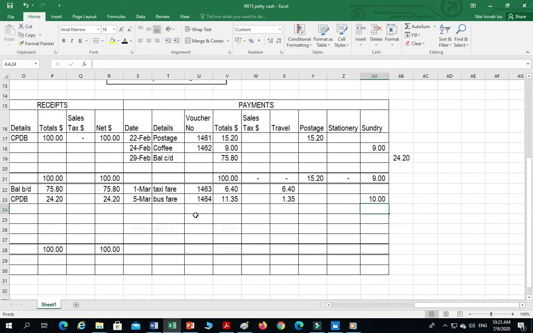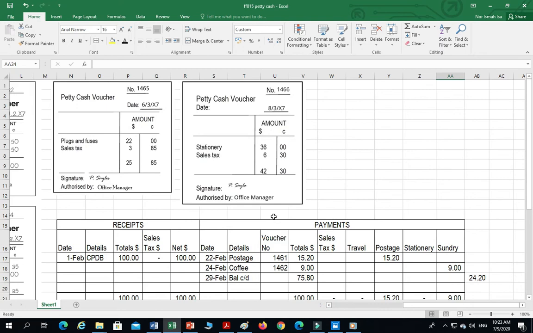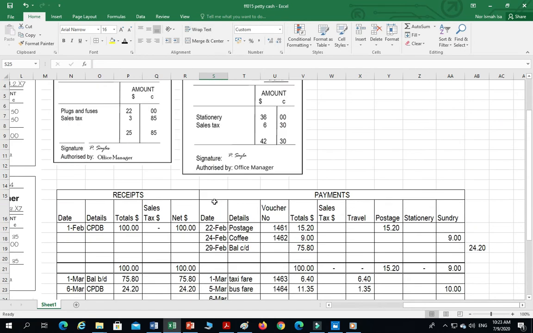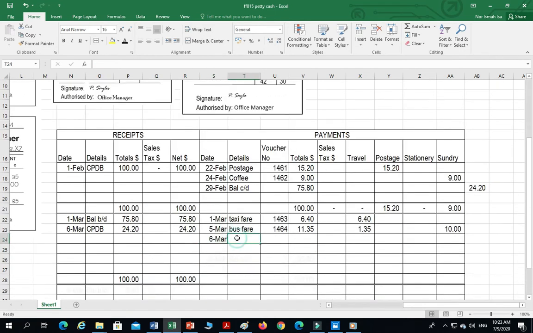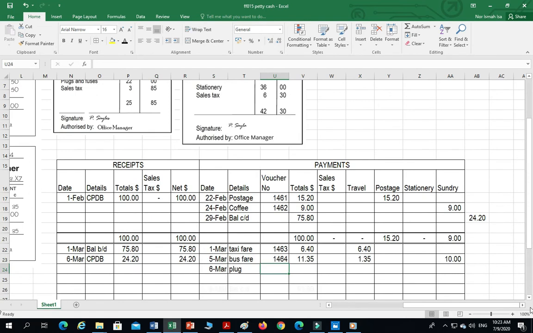And lastly, the second last is on the 6th March. The payment is for a plug. Okay, this is voucher 1465.